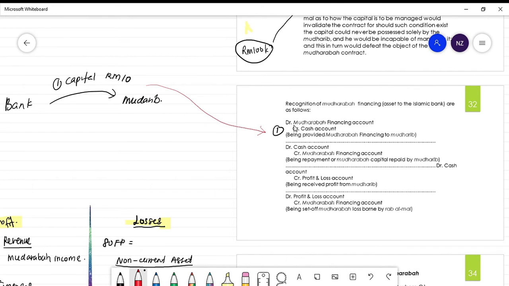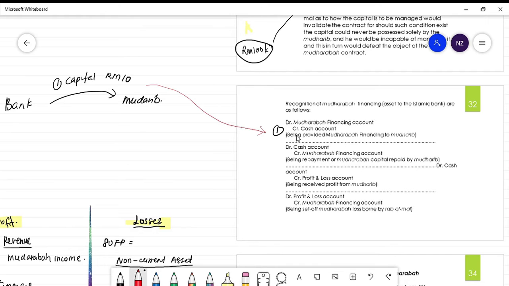So that's why we debit the mudharabah financing account here, to show that this is the new financing contract with the mudarib. So we recognize it. At the same time we credit cash, because we pay out RM10 in cash to the mudarib. Our money has gone out there, that is why we credit the cash account. So that is the first journal entry, where we recognize the mudharabah financing first. Okay, settled on the first one.